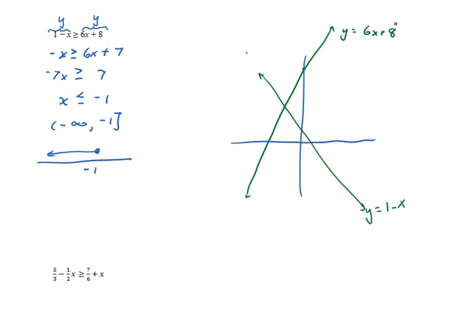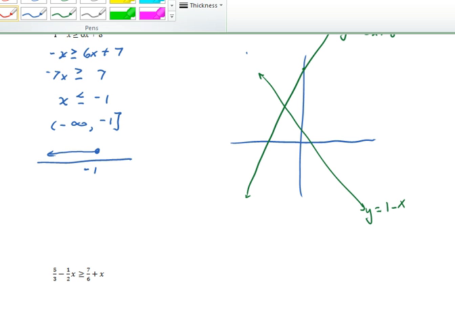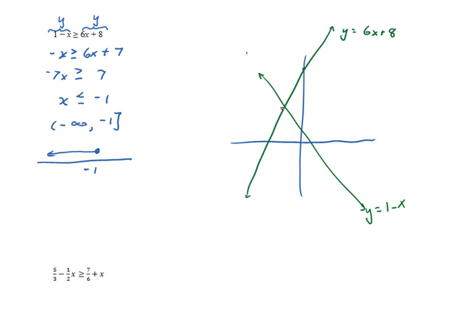So where are the y values of 1 minus x greater than the 6x plus 8? It appears as if it starts at the intersection, and I would say this time goes to the left. So for all of these x values, the y computed from 1 minus x is larger than the y computed from 6x plus 8.